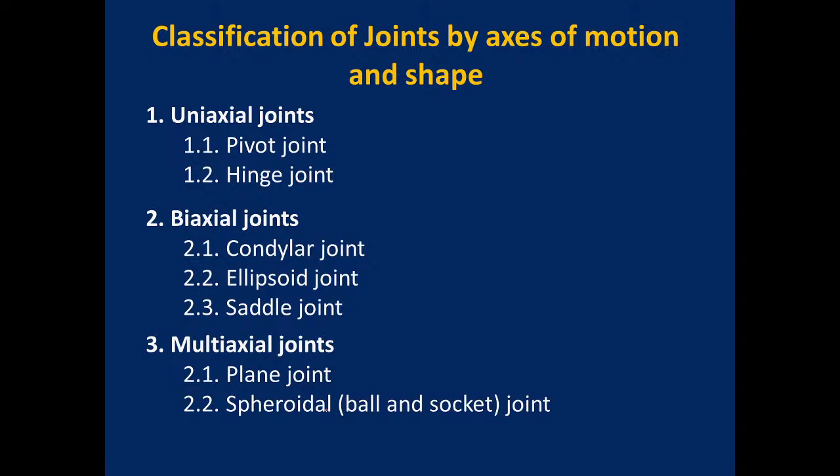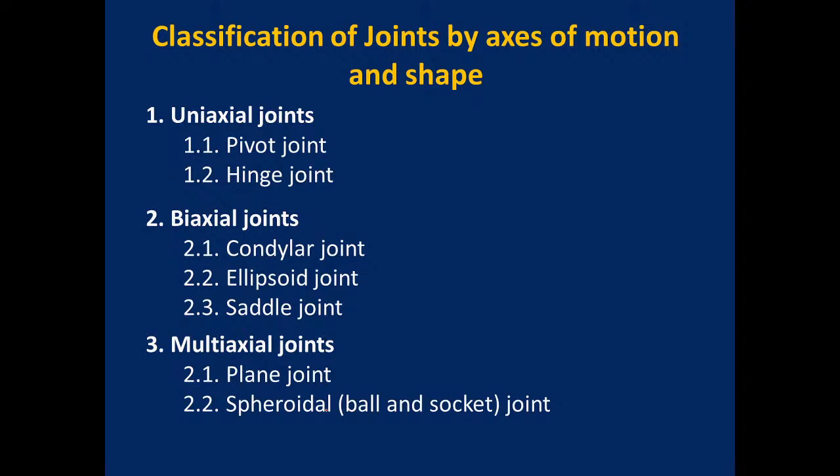The next is classification of joints by axis of motions and by their shape. That is the anatomical classification based on their biomechanical properties.